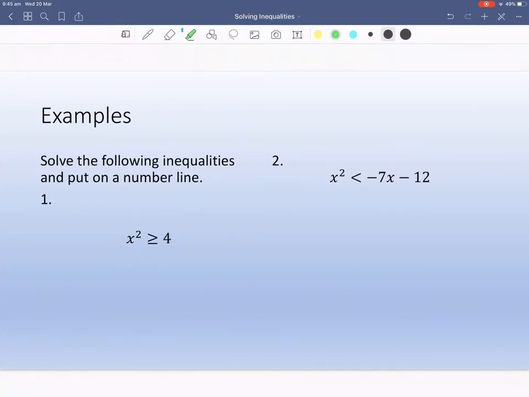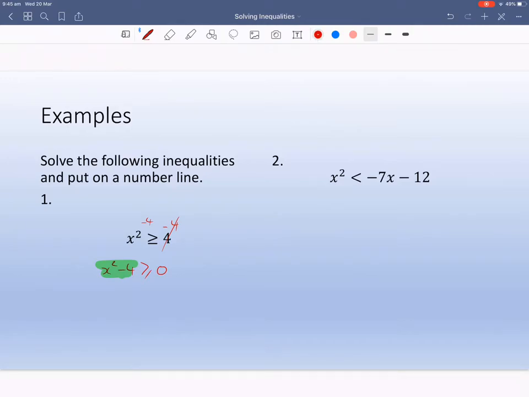Now, the best way to do these ones is to actually draw them, okay? So to draw them like we know. But first we have to do a little bit of algebra. So what I'm going to do is I'm going to take the 4 away here and move it to that side. So I've got x squared minus 4 is greater than or equal to 0, okay? Oh, I can draw this and I can see here is difference of squares, okay?